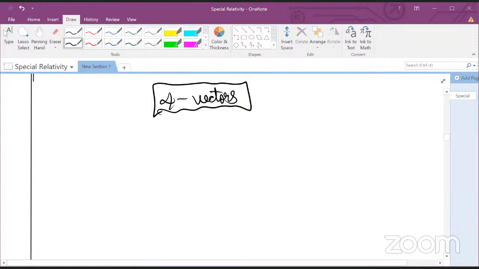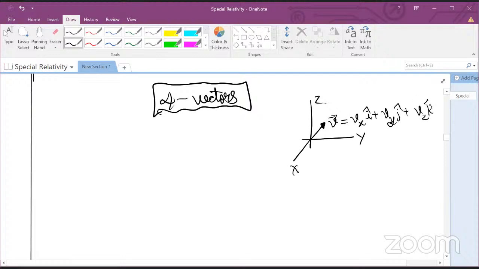So a four vector is a physical quantity that has four components. Usually in our 3D space, with the x-axis, y-axis, and z-axis, if that is some vector v, it has different components. It can be written as vx i cap plus vy j cap plus vz k cap, right?